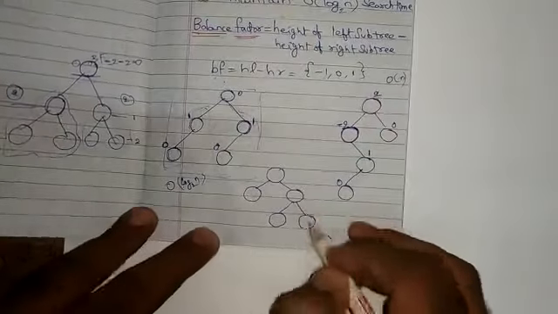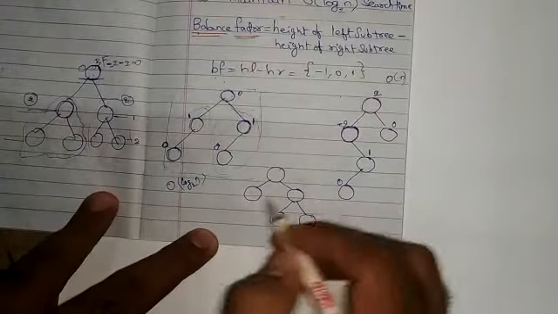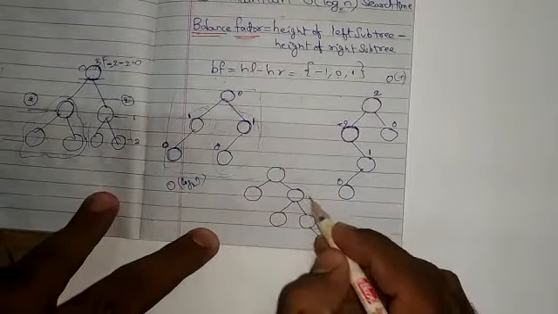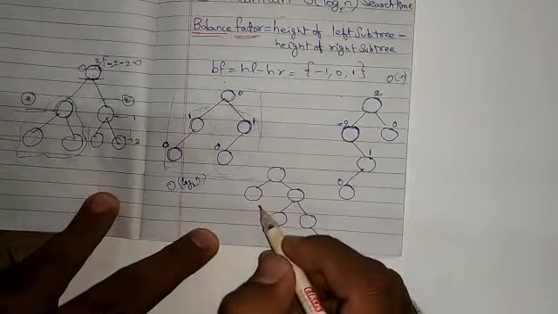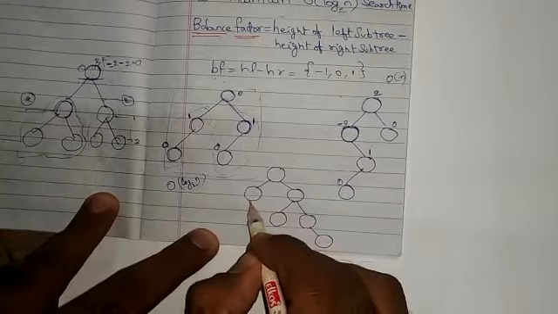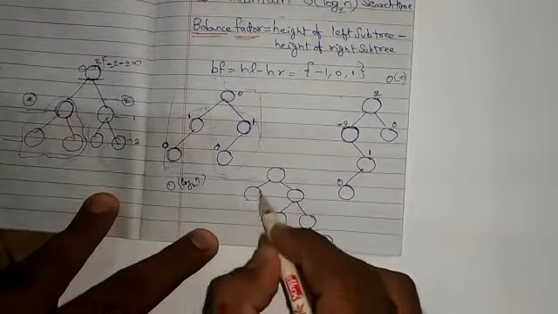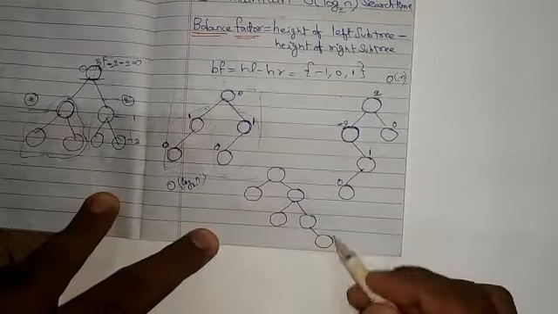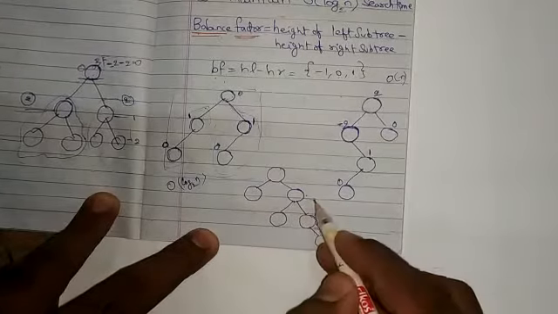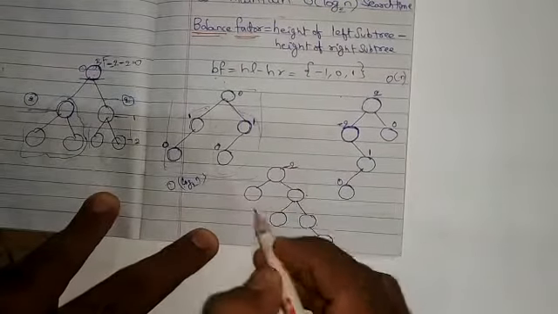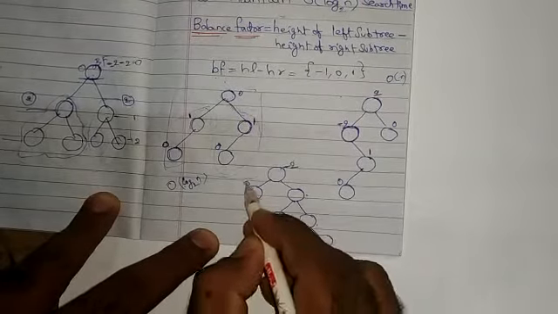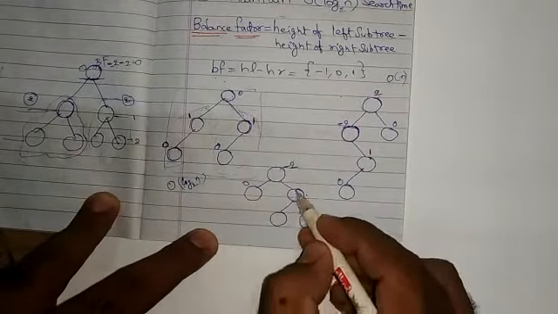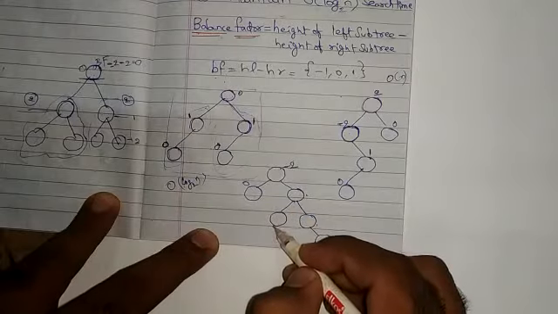And come to here, find the balancing factors. 1, 2, 3 levels. Find the height of the tree. How do you find it? Levels. So this is only 1. So the left subtree is 1. The right subtree is 1, 2, 3. 1 minus 3, minus 2. How do you find the balancing factor of this node? 0 and 0. So 0 minus 0, 0. Here the left subtree is 1.